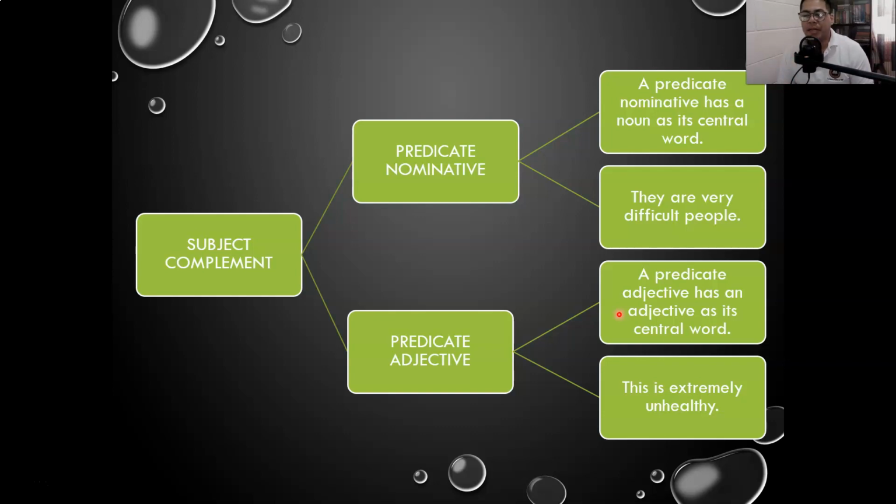And what a predicate adjective does is to describe the subject. This is extremely unhealthy. Extremely unhealthy is answering the question: this is what? Extremely unhealthy.